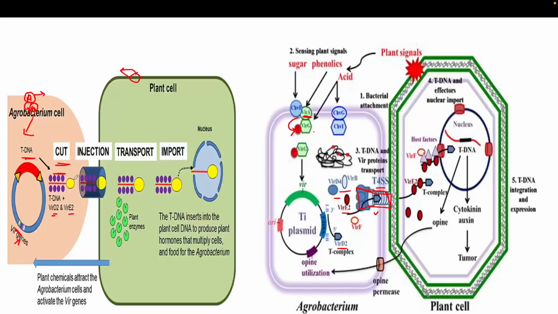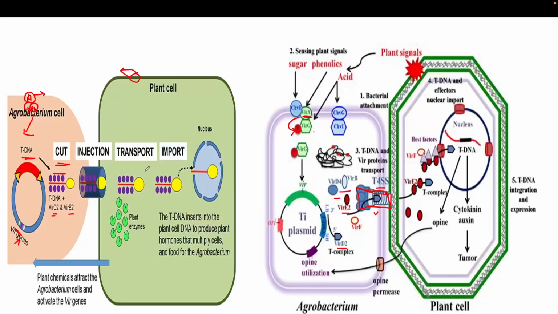So it will bind and help to protect this single stranded DNA from nuclease activity. At the same time, this gene also has signaling sequences, so this will direct the T-DNA from Agrobacterium tumefaciens to the plant cell nucleus. After that it will be directed to the plant cell.